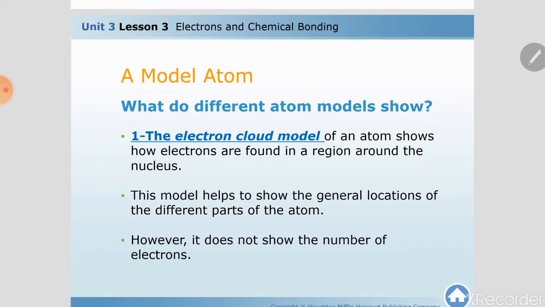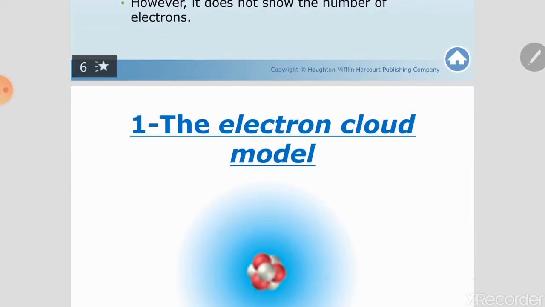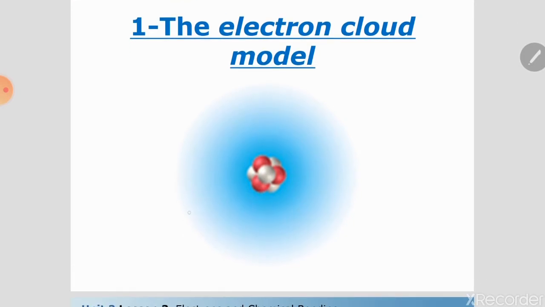First, the electron cloud model. This model was found finally by the most current atomic theory, which says that the electrons are moving in a cloud around the nucleus.